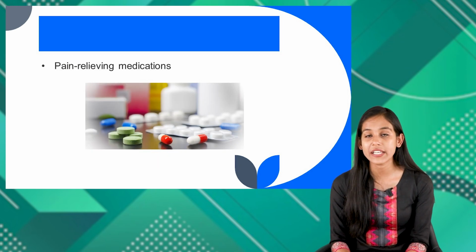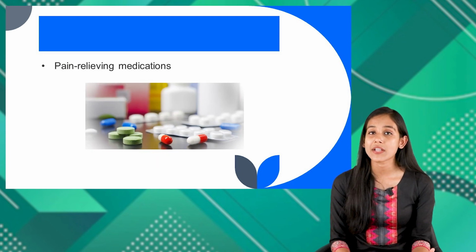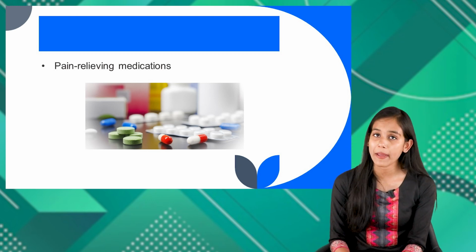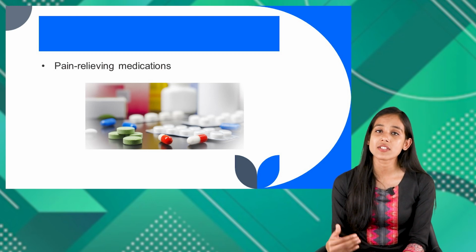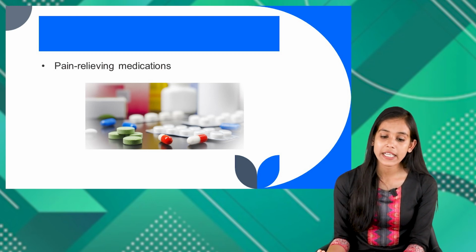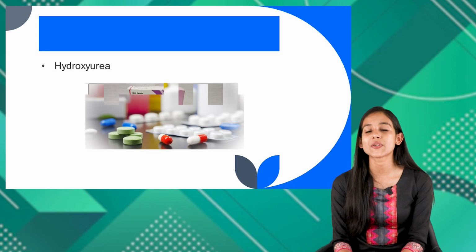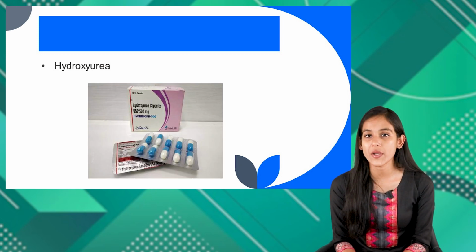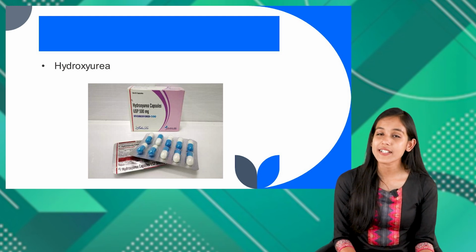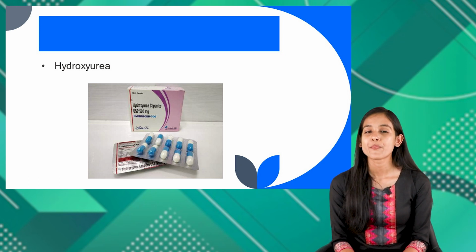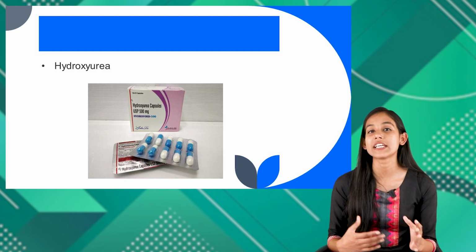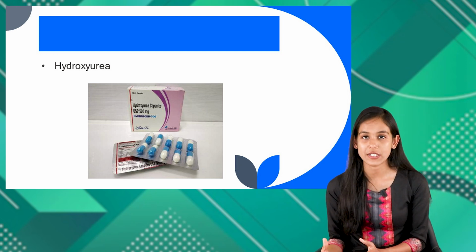So analgesics would be given, because as I mentioned, the sickle cell crisis episode is extremely painful. So to manage that, we have to give pain relieving medications, and also along with that we can give hydroxyurea. Now, this is given to reduce the frequency of the crisis episodes, and this would also lower the need for frequent blood transfusion.